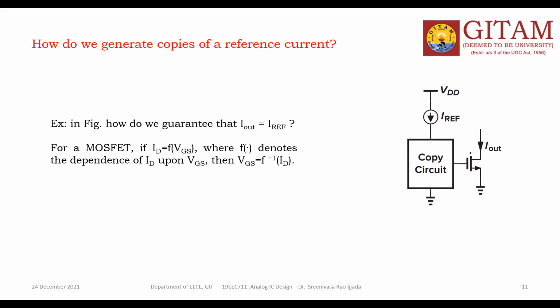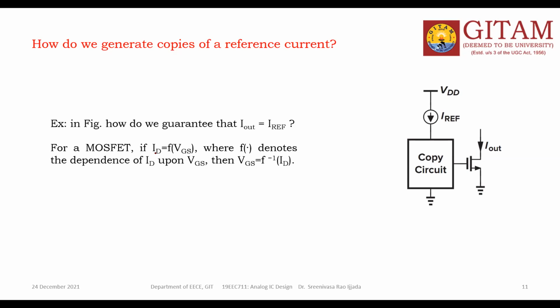So for a MOSFET, ID is equal to a function of VGS. If you want VGS back from this expression, then apply the inverse function. Then VGS is equal to the inverse function of ID. Am I correct? Yes.